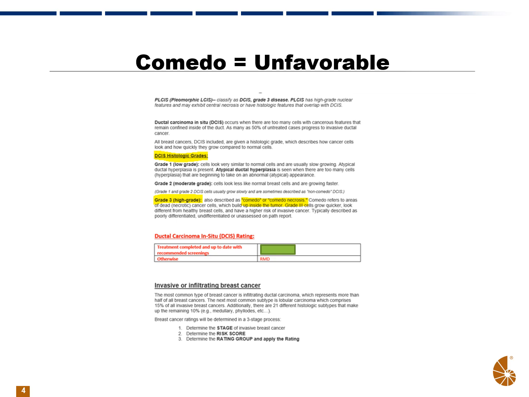However, there are some that are more concerning, and especially if you see the word comedo, C-O-M-E-D-O, that's an unfavorable situation. So those are the ones we worry about. Most ductal carcinoma in situ is not worrisome, but if you see the word comedo, that is more worrisome. So I wanted to bring your attention to that.